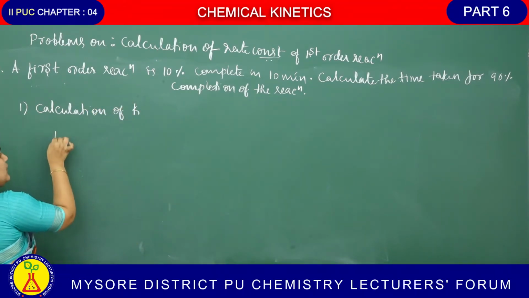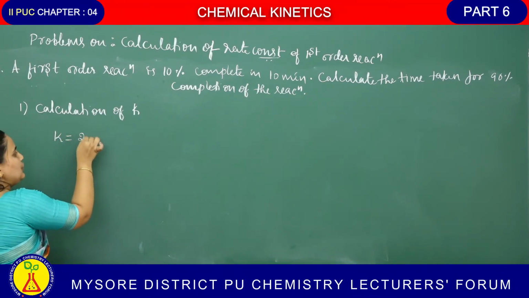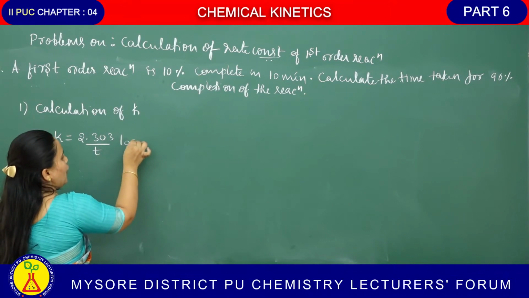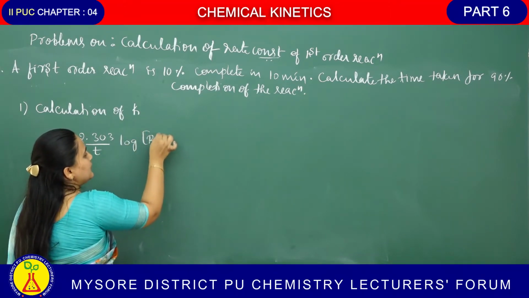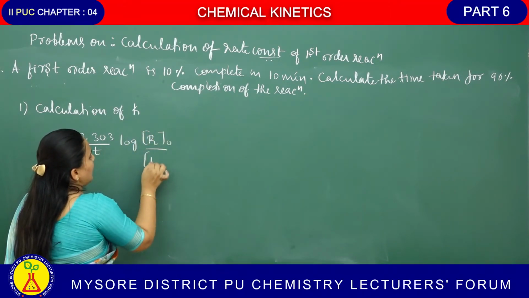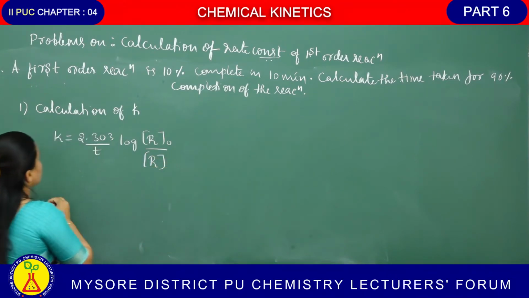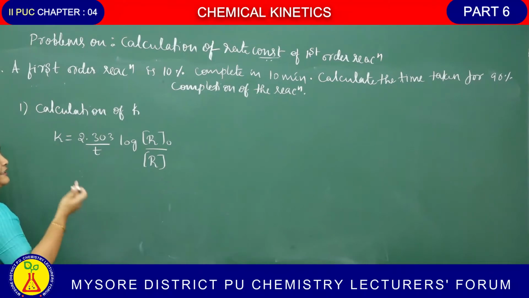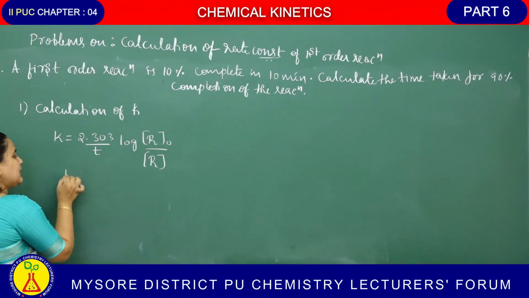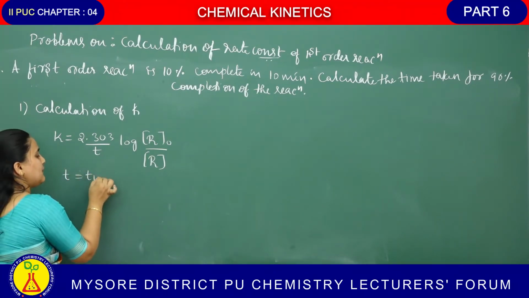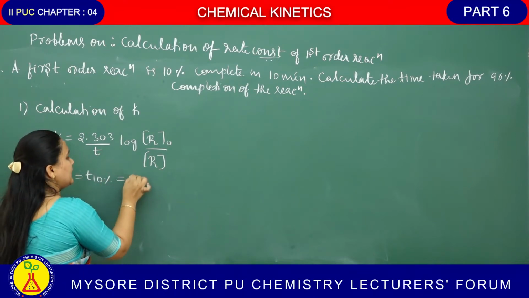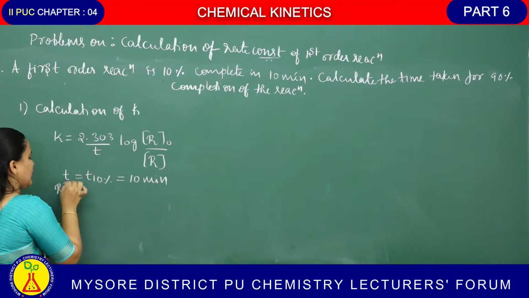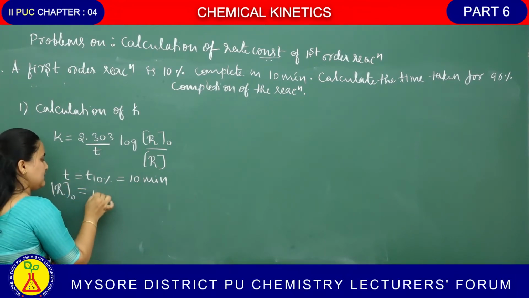What is the formula? K is equal to 2.303 divided by t, log R naught divided by R. Substitute. The first order reaction is 10% complete in 10 minutes. How much time is consumed to complete 10%? 10 minutes. Initial concentration R naught is how much? 100.